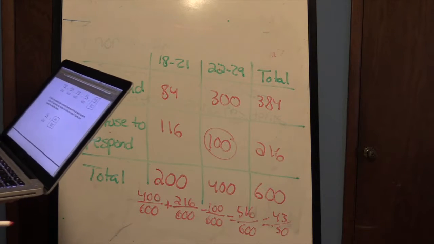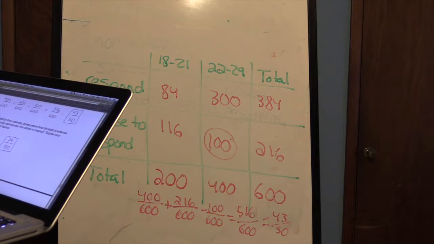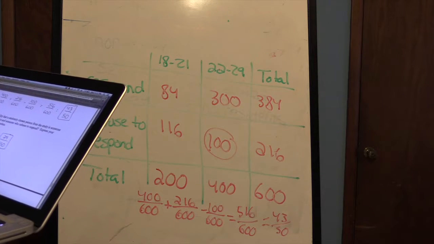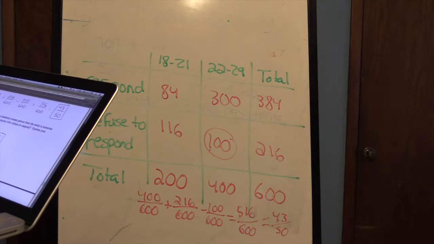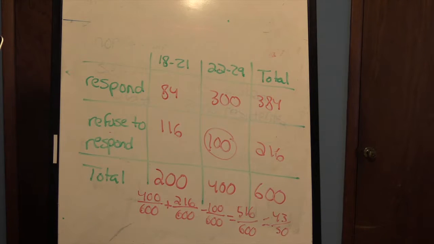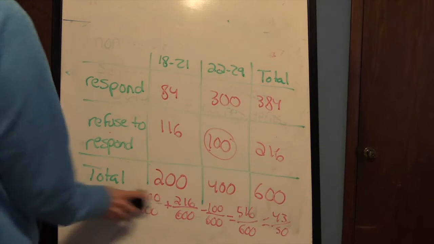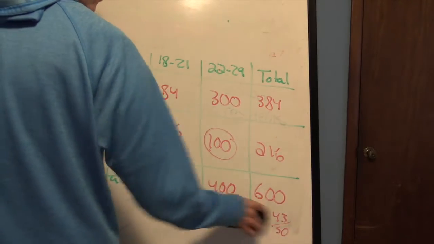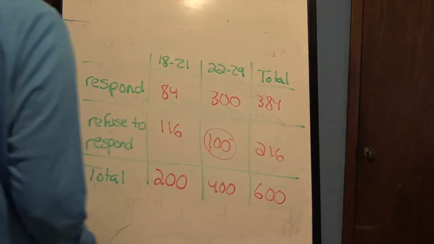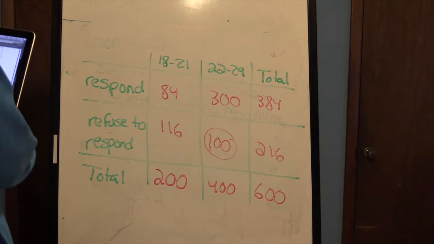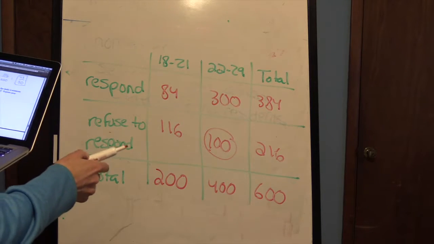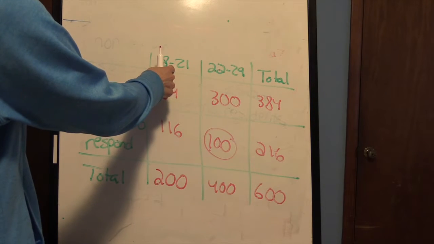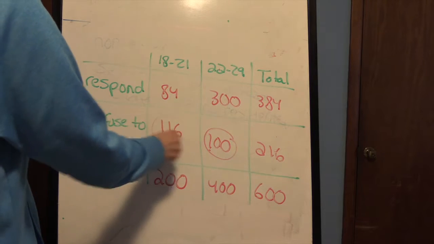The next question says, what is the probability that a randomly chosen person from the study is someone in the 18 to 29 age bracket and someone who refuses to respond? So even though this is an and problem, when you're using a contingency table, you are not going to multiply. You are just going to look and pull the number right out. So we want someone in the 18 to 21 and someone who refuses to respond.